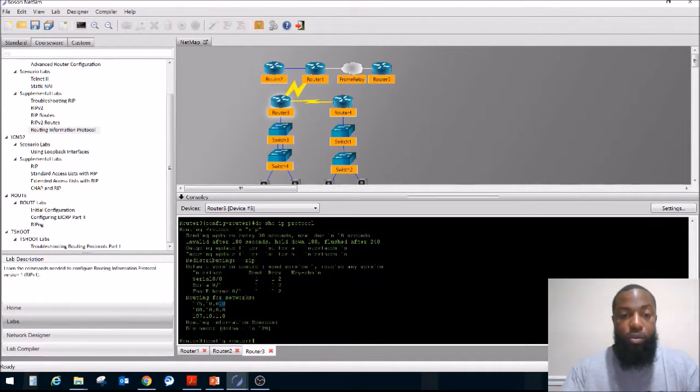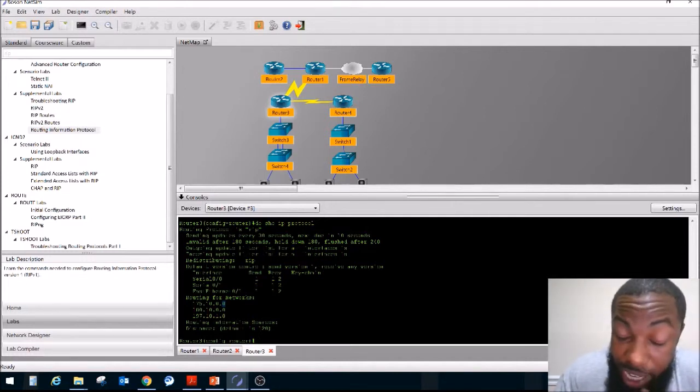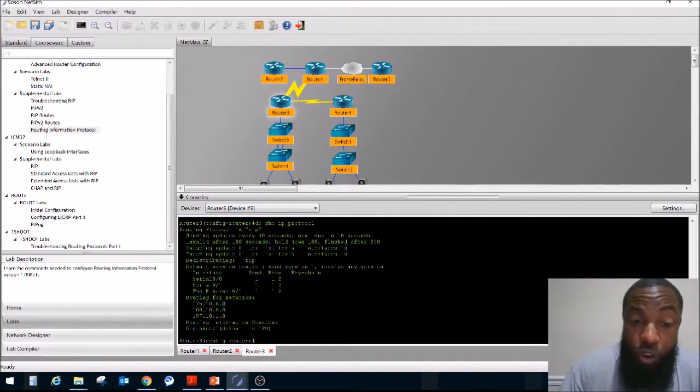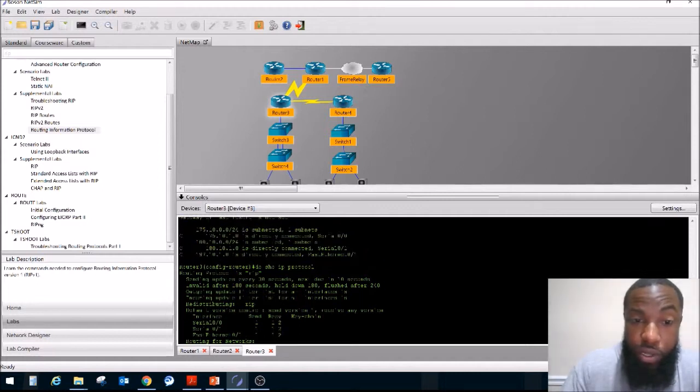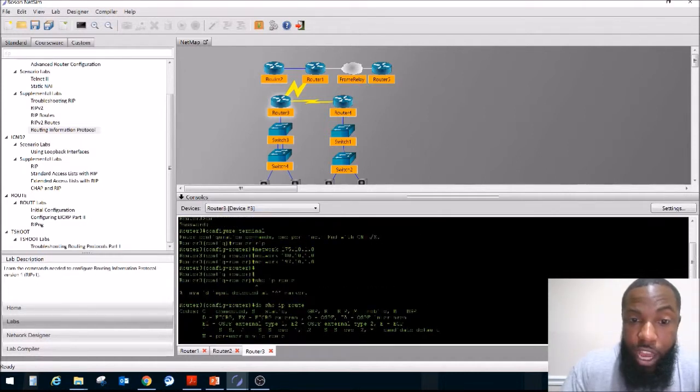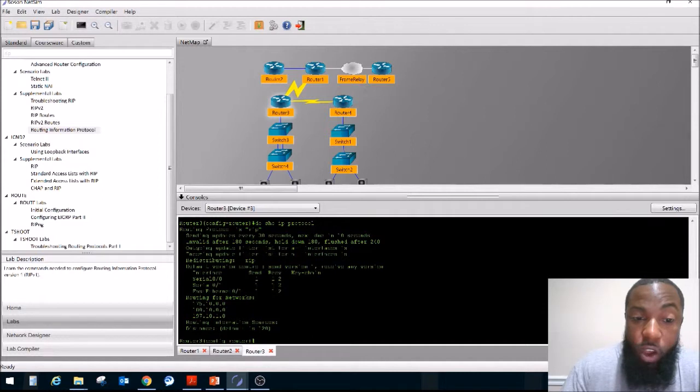I guess I didn't do 1.0 there, did I? Probably because, you know why? See, version 1, notice how I put 1.0 for the first network statement. I did 10.1.0 for all these other ones, but then it automatically summarized the first two.